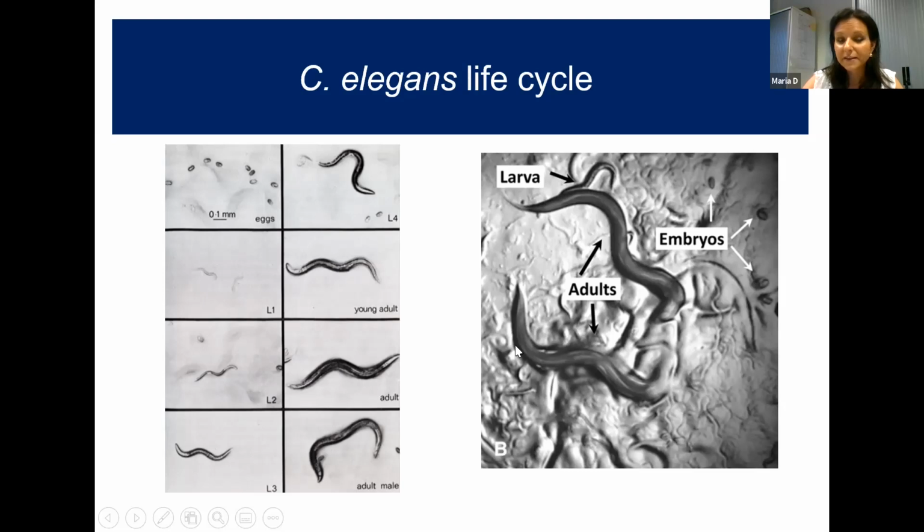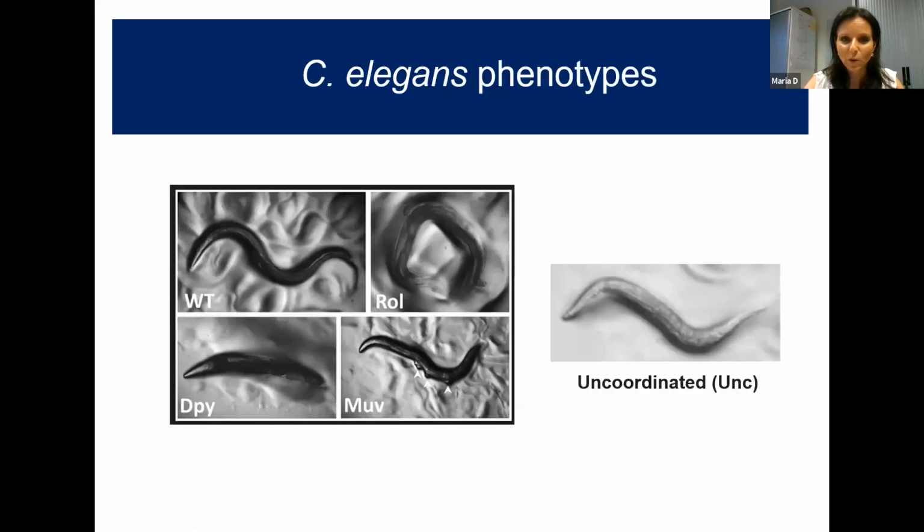If you zoom in with your microscope, you can see the worms. The traces that you see are there because of their characteristic sinusoidal movement, and that's the traces they leave on the food. You can see the little eggs here, and this is what you'll see if you look under the microscope.